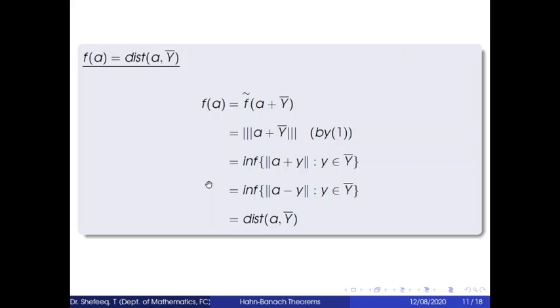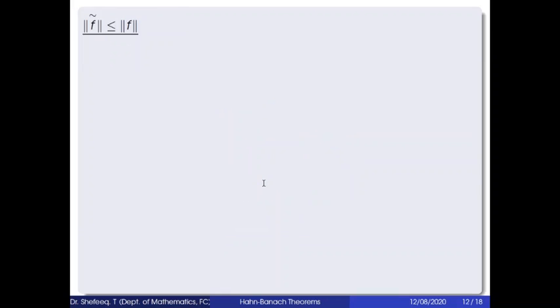Next we want to prove norm f equal to 1. So for this, first we will show norm f tilde is less than or equal to norm f. So let x belongs to X, then mod f tilde of x plus Y bar, which is equal to mod f tilde of x plus Y bar.